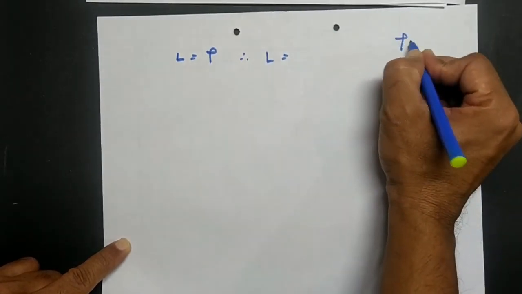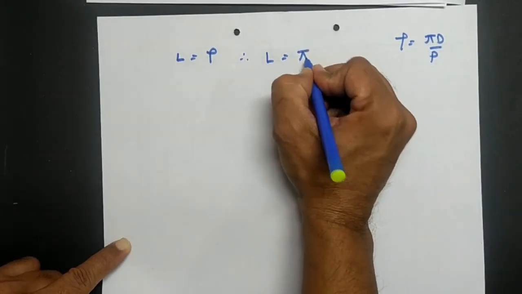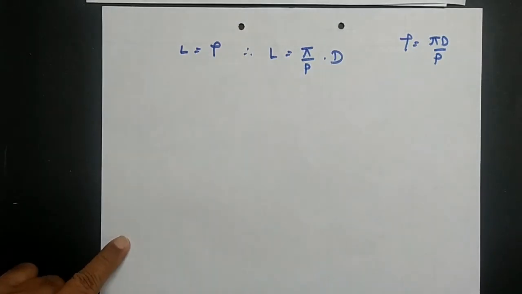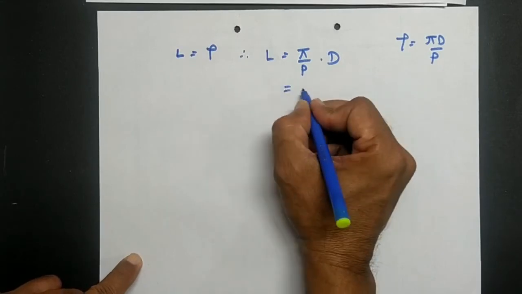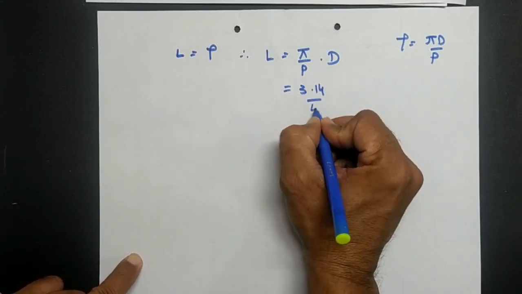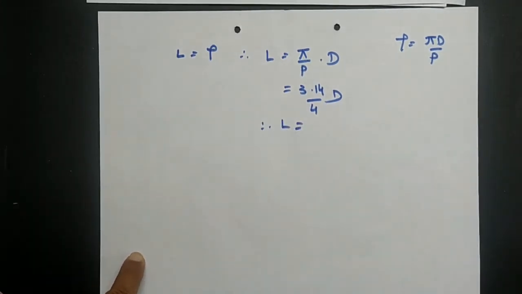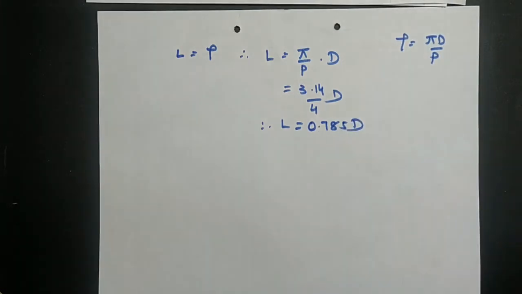Tau is the pole pitch, so that is pi D upon P. So L is pi divided by P into D. The number of poles is known, that is 4, and therefore L is equal to 3.14 divided by 4, so it comes to 0.785 times D. This relation is very important to separate D and L.